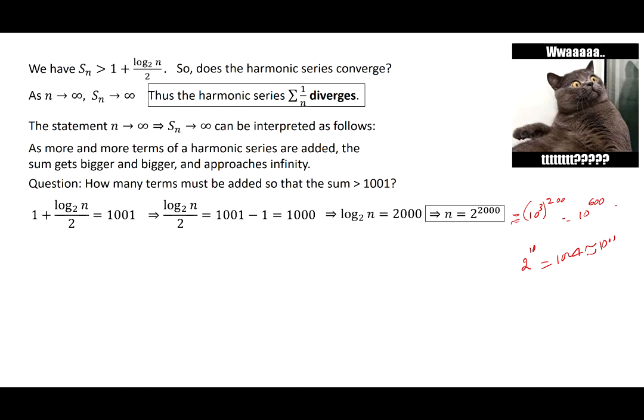Take all your grains of sand from a beach and trees and puppies and everything, the particles, the electrons, quarks, bosons, muons, all these particles, not just on Earth or in America, in the entire universe, it doesn't equal 10 to the 100. And here we are talking about 10 to the 600 terms. If you add that many terms of this harmonic series, the sum will be just barely greater than 1001.